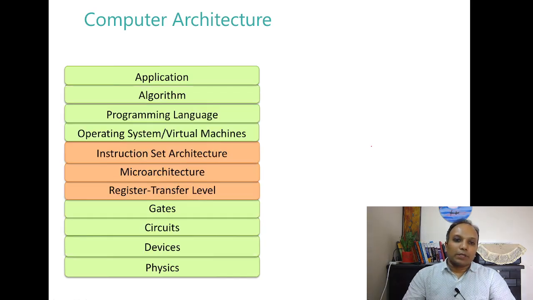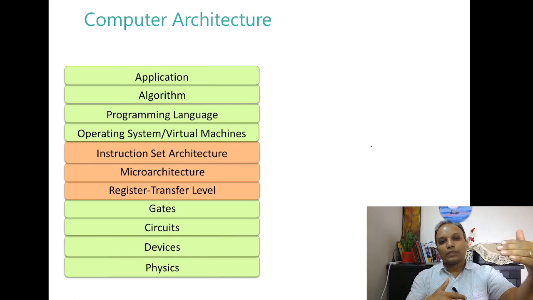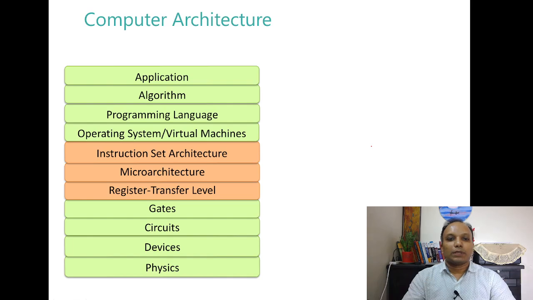So, what are these abstraction layers? I have basically listed out all the abstraction layers, but that does not mean that all these abstraction layers constitute computer architecture. Just for completeness I have shown all the abstraction layers, and at a very loose sense we can claim that, from application to physics, computer architecture helps us in abstracting out all these different aspects.